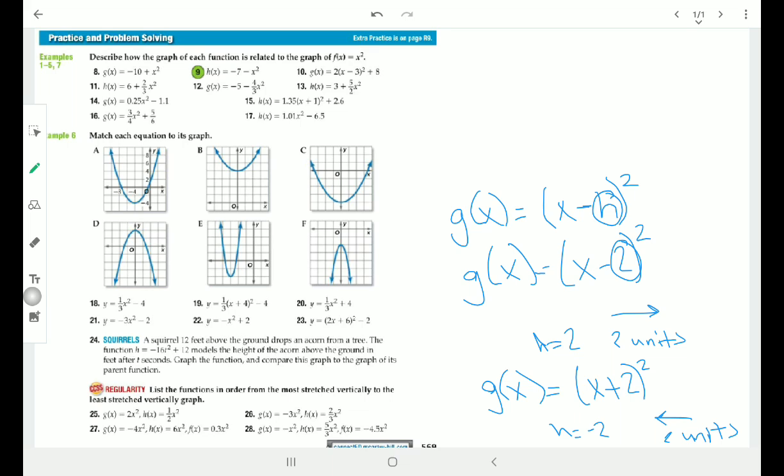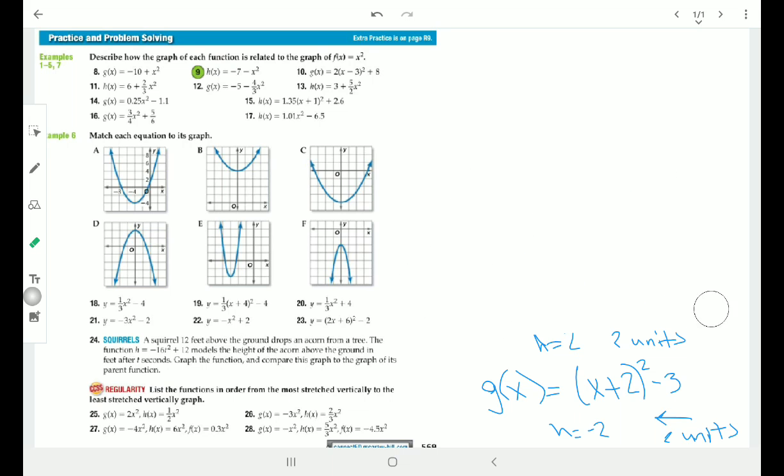If I stick a plus 3 at the end, well, now it's being shifted 2 units to the right and also 3 units up. And the same thing, if I put a minus 3, that's being shifted 2 units to the left and 3 units down. Okay, so those are the translations. Those are the moving objects.